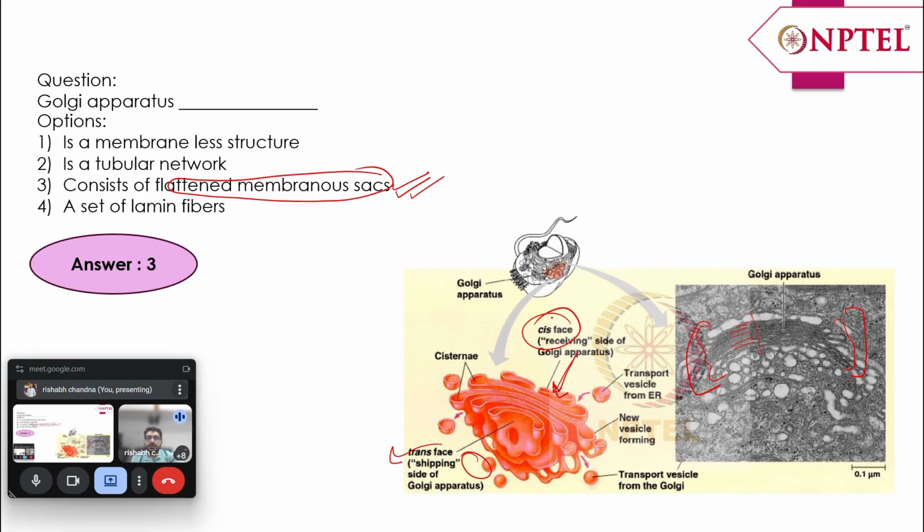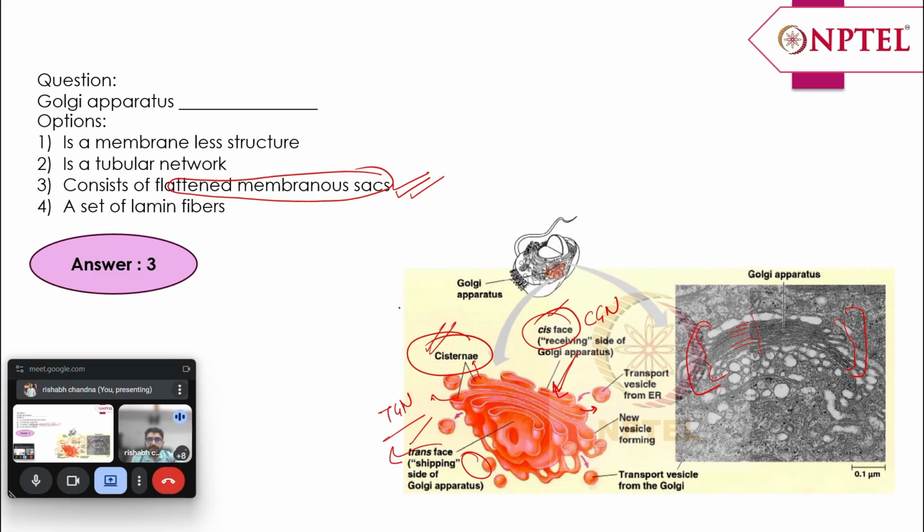So this is the cis Golgi network and this is the trans Golgi network, TGN. These extensions, the vesicle forming units of the Golgi, are called cisternae. Different membranous sacs of the Golgi are called cisternae.